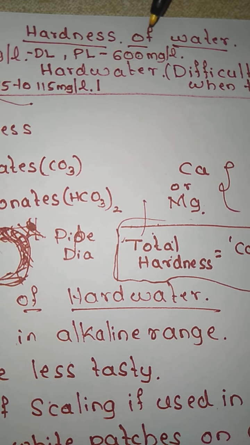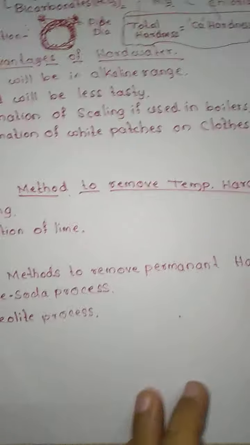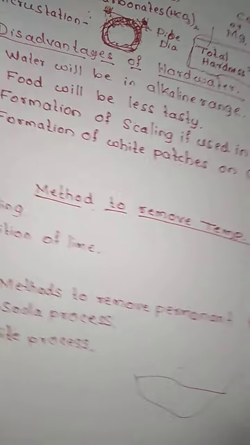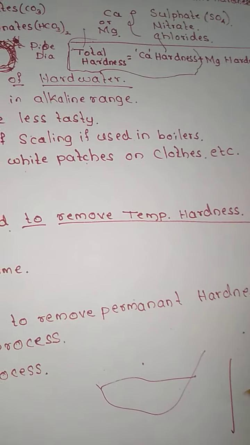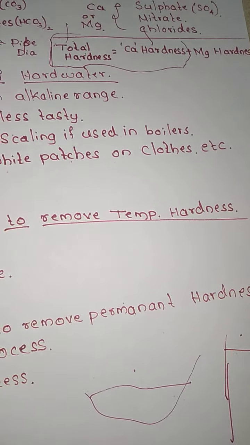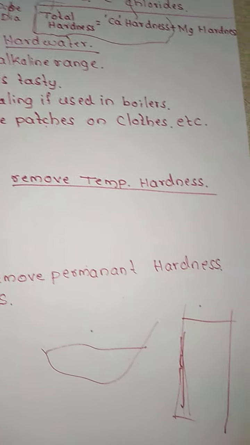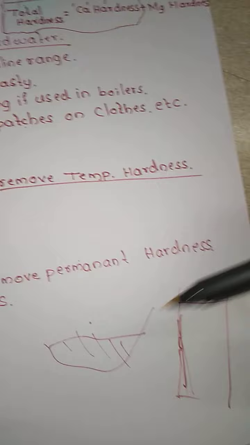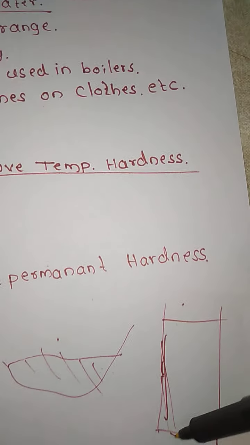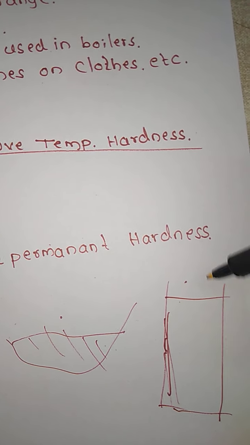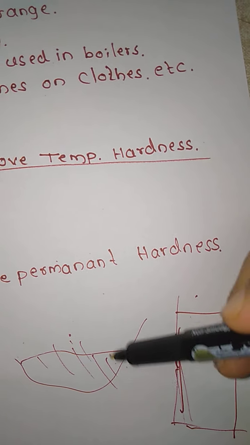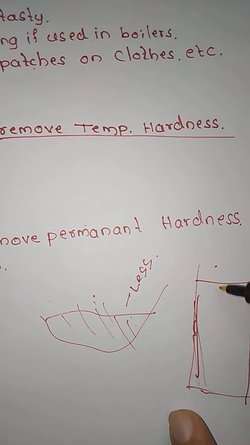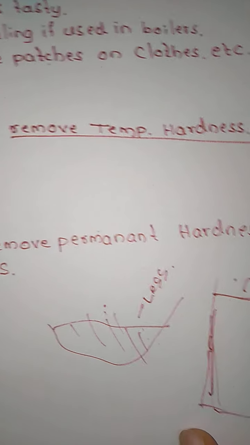Now if we take the two types of sources, your surface source and your groundwater source, might be borewell or open wells, your surface water will have less hardness than your groundwater source.